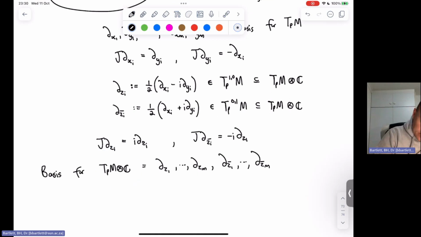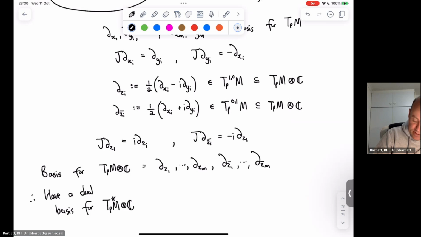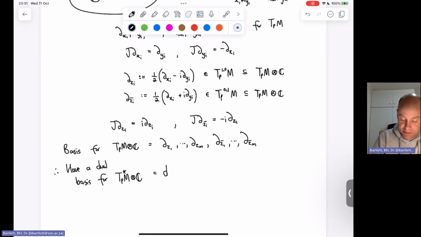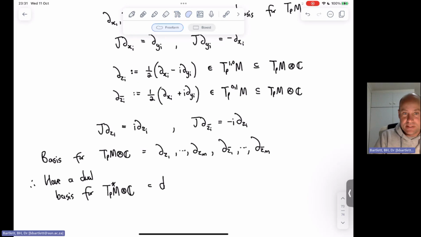Since I've got a basis for a vector space, that means I'm going to get a basis for its dual. Let's call it, we have a dual basis for the cotangent space, right? And now, if you will just be happy with me for a second, I'm just going to call that d.